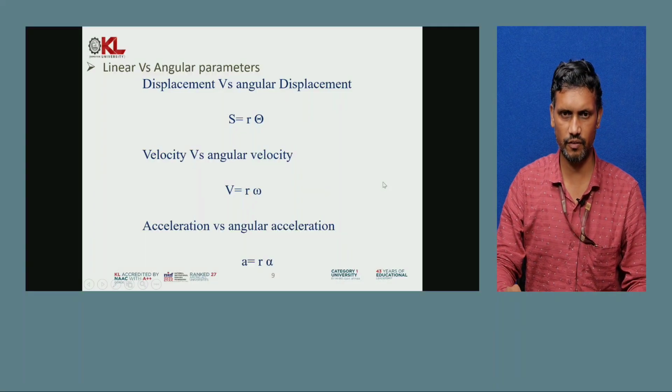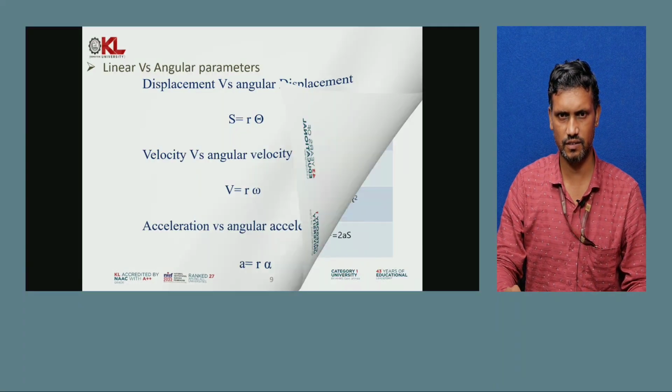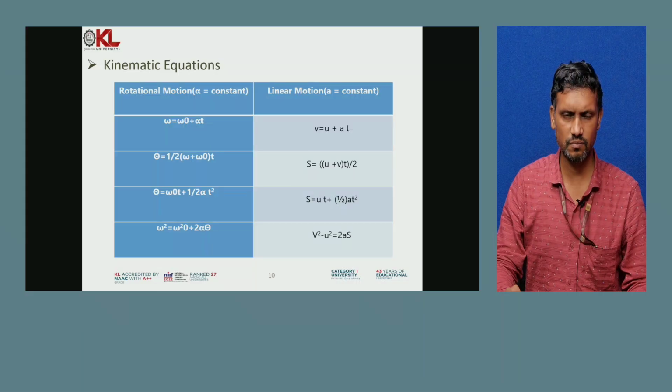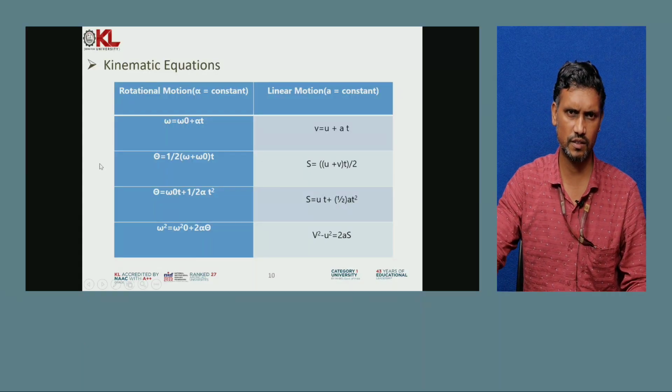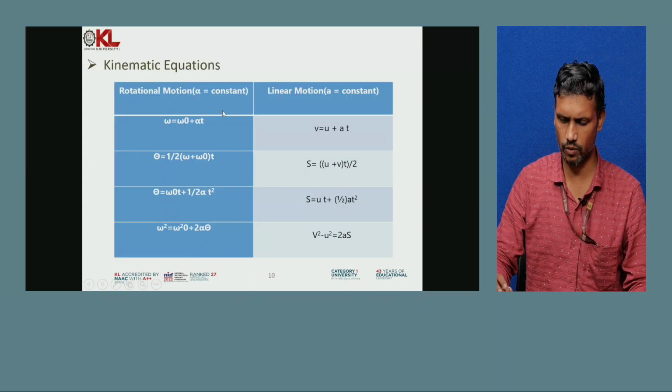Everywhere there is an r distance. These are some equations of motion. You know, v equals u plus at, v square minus u square equals 2as, s equals ut plus half at square. Those are for linear motion, and the same things are represented for rotational motions.